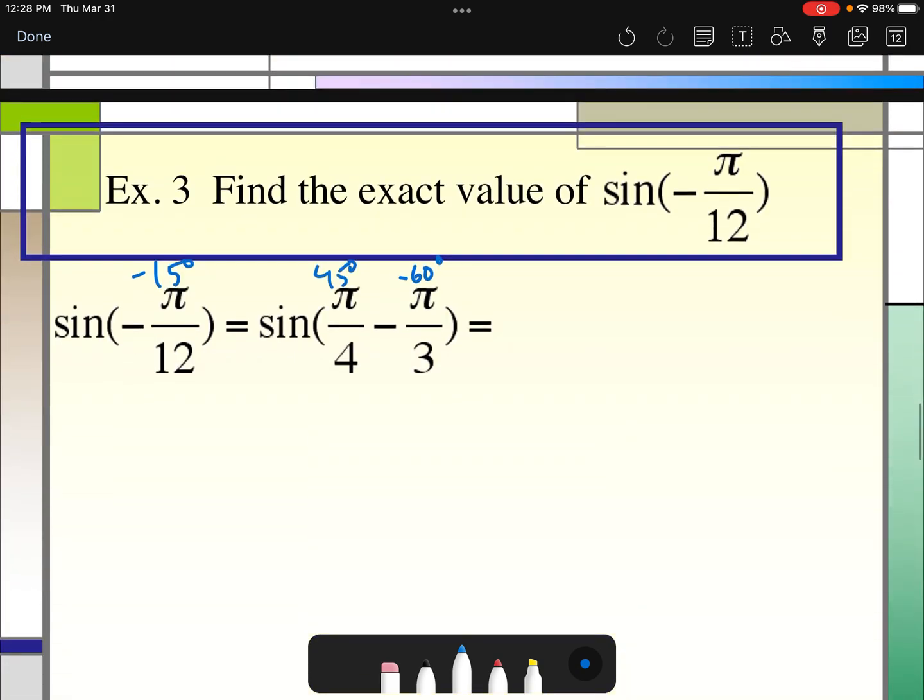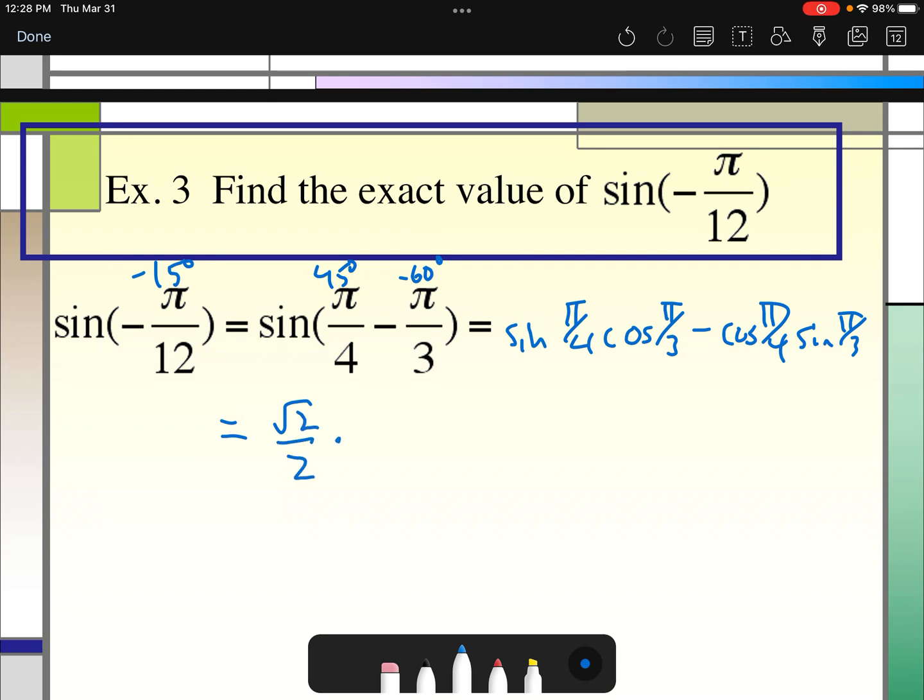So sine cosine minus cosine sine. Okay, so that's our formula. So the sine of pi over 4 is radical 2 over 2. The cosine of pi over 3 is 1/2, minus the cosine of pi over 4.